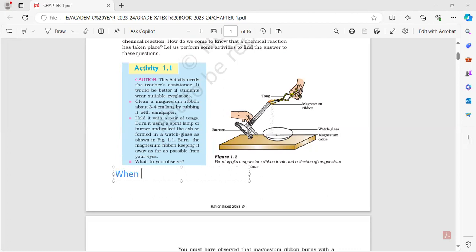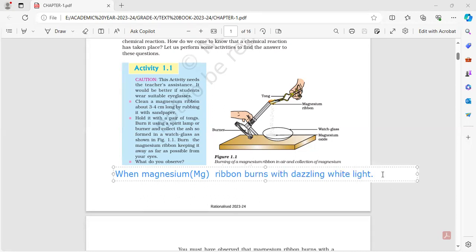I'm writing the answer: when magnesium, I'm writing the symbol also, capital M, small g, this is the chemical symbol of the element magnesium. Magnesium ribbon burns with a dazzling white light, dazzling means bright.